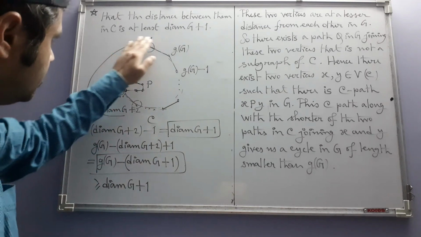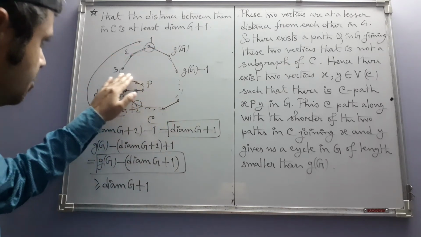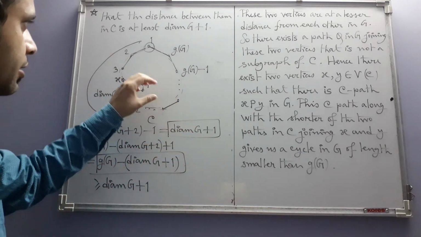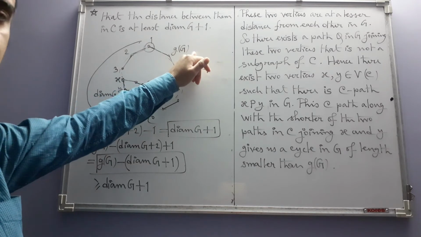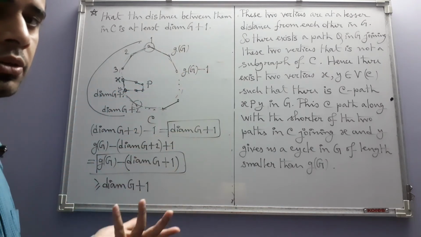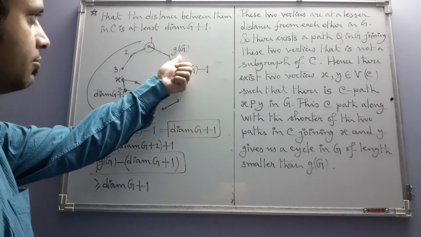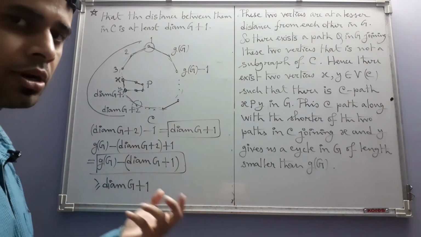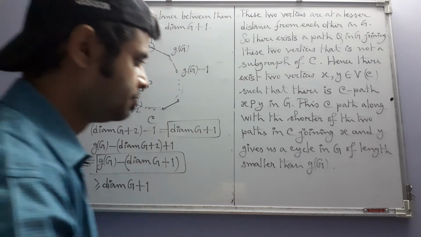Then you take this path along with P, you still get a cycle whose length is smaller than the girth of G, and this is a contradiction because the girth of G according to its definition is the length of a smallest possible cycle in G.